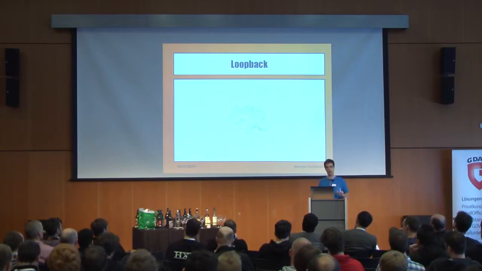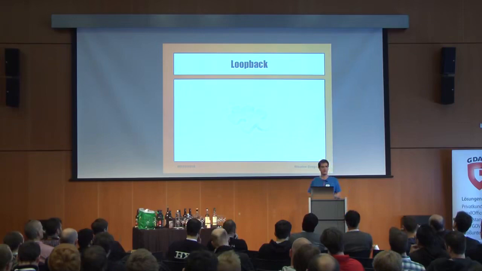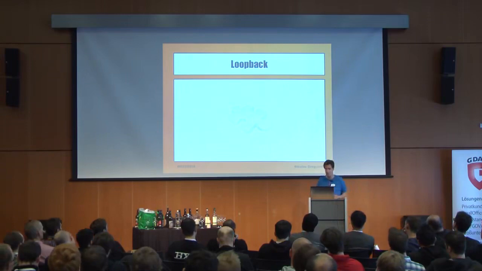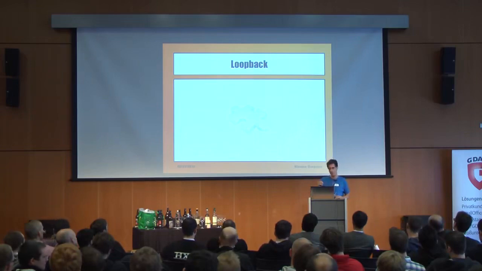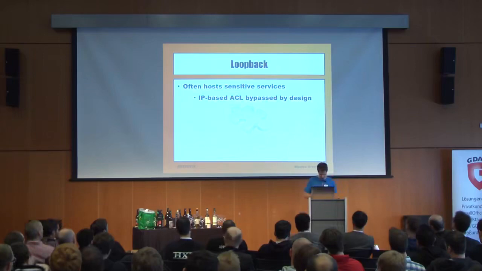Okay, so first loopback. Loopback is a network interface which is available in any operating system, in any version, everywhere. So you always have a loopback interface, and it always has the same IP address, which is 127.0.0.1. So you can already reach the loopback interface.